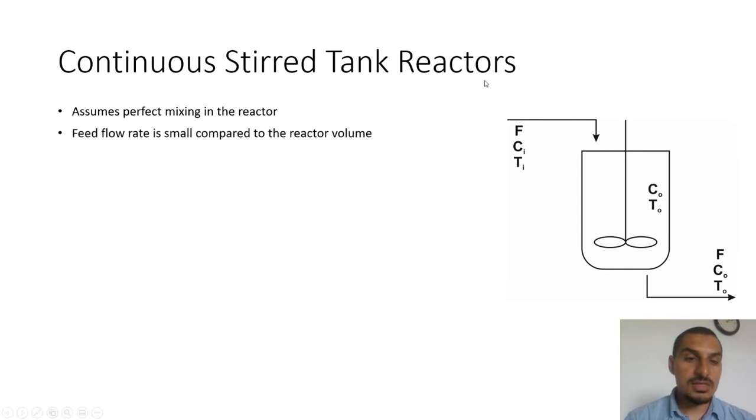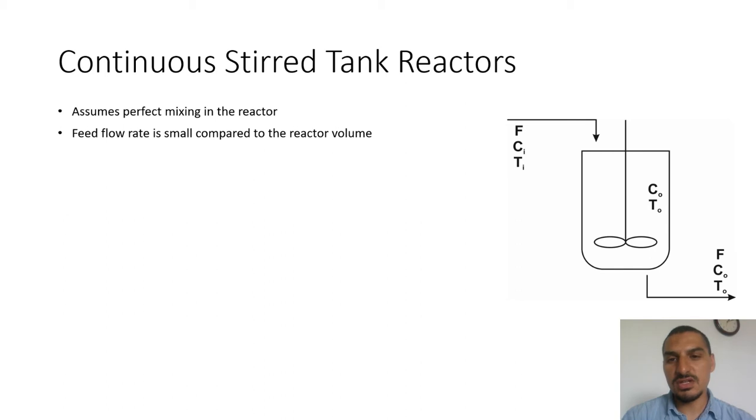The second assumption is that the feed flow rate is small compared to the volume of the reactor, and this is an important point because the equations that we put are based on the assumption that the concentration in the reactor equals the concentration of the product. And I assume that this does not change the concentration in the reactor a lot. It's like you have a cup of water and you put it in the sea, so nothing will change.